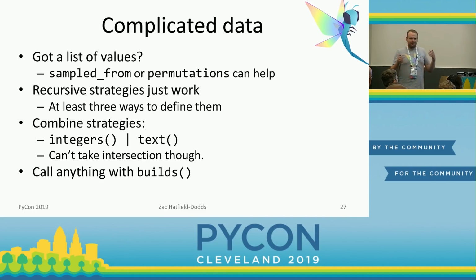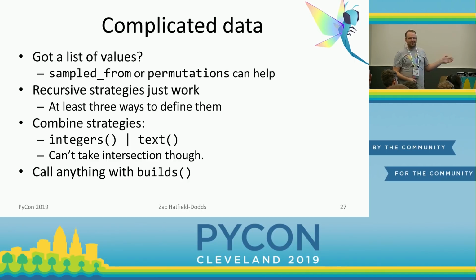If you've got complicated data, which is not just values and collections, we've got a bunch of strategies for that as well. The simple one is if you have a sequence of things that you want, there's a sampled from strategy, which gives you elements of that sequence. Great for enumerations and so on. Recursive strategies, if you're testing something like JSON data, JSON actually has a recursive definition, right?